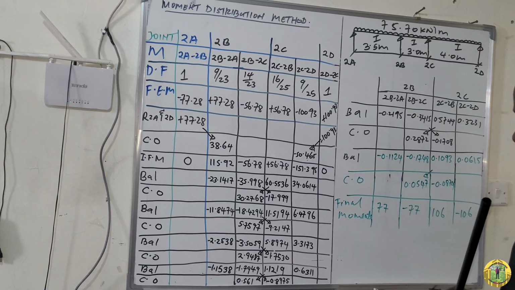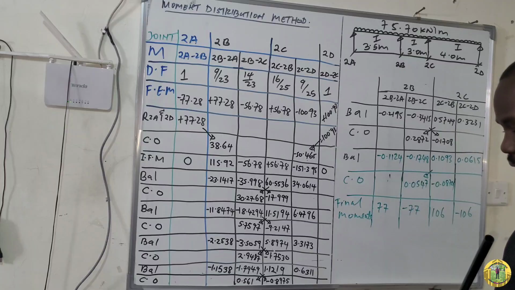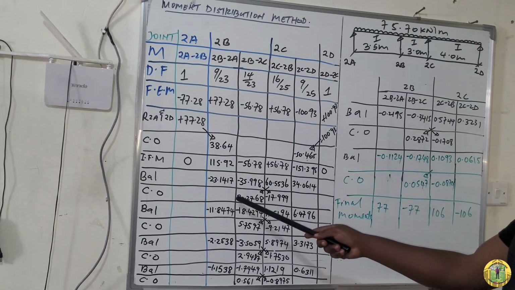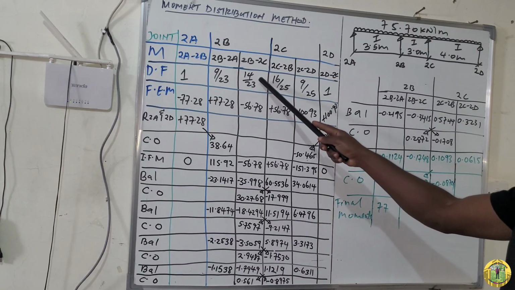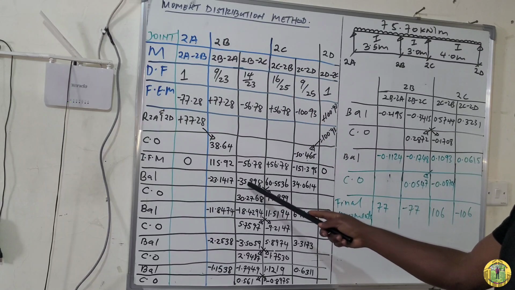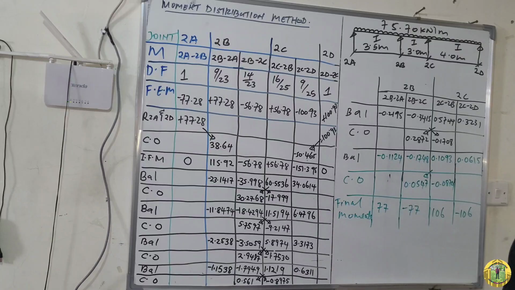For example, negative 59.14 times 9 over 23. So this is negative 23.1417. You repeat the same for member 2B, 2C, and you'll get negative 35.998.